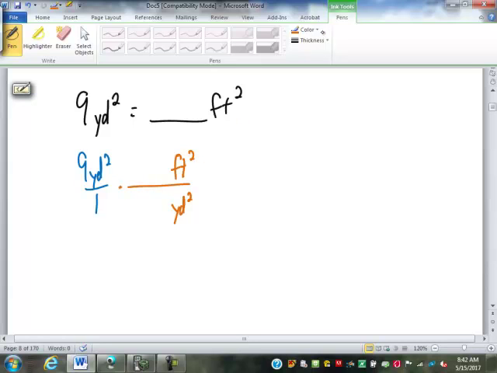Square feet on top. The square yard is bigger. How many square feet are in a square yard? Well, there's 3 feet in a yard. So square means 3 by 3, right? So that'd be 9. So the square yards cancel out. 9 times 9 square feet is 81 square feet.